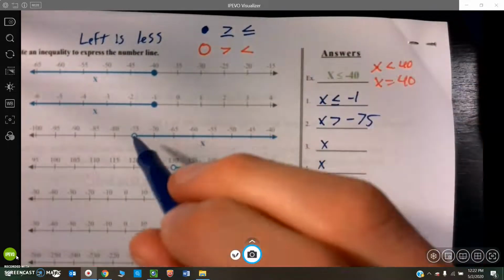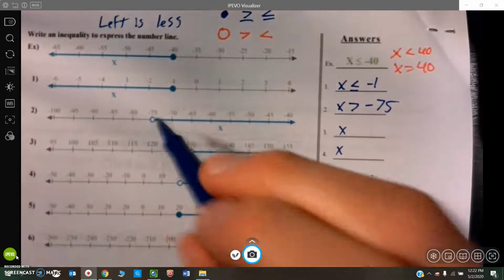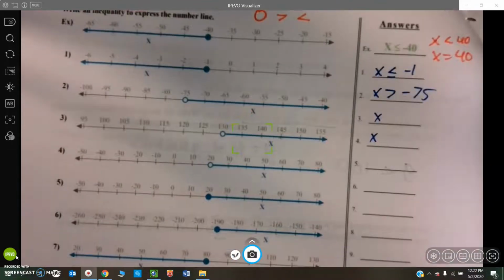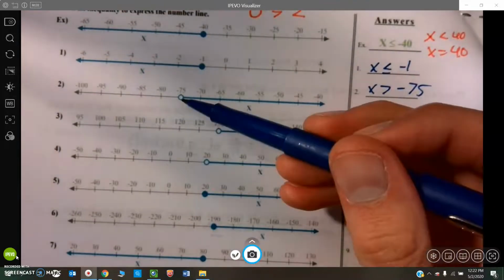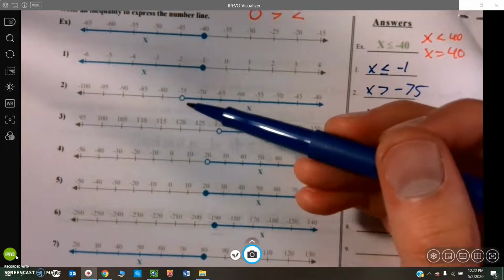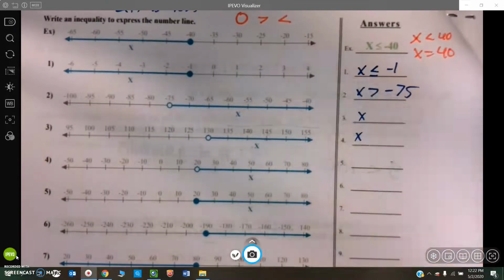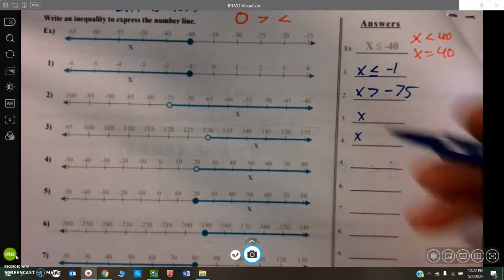So x could not be negative 75 here. It could be negative 74.9999, right? So when you don't have that or equal to, it can be right up next to that number that you're talking about, but it cannot be that number. Okay, so that's what that open circle means.